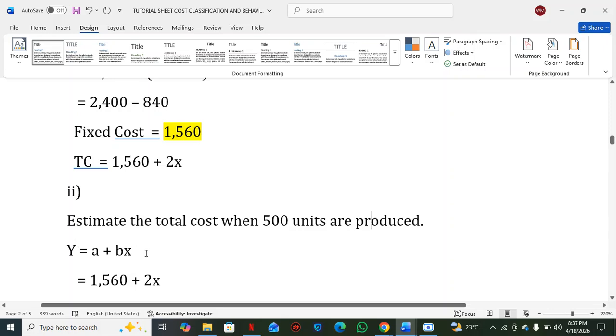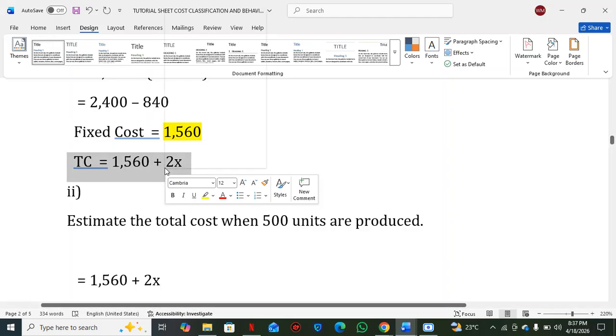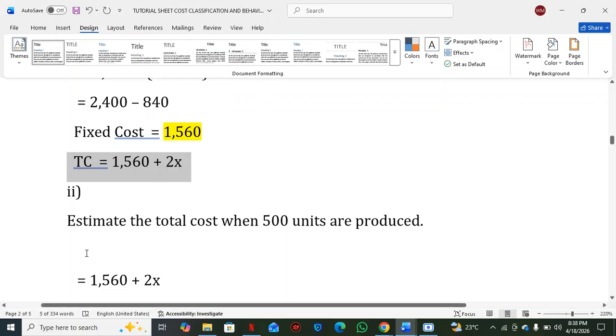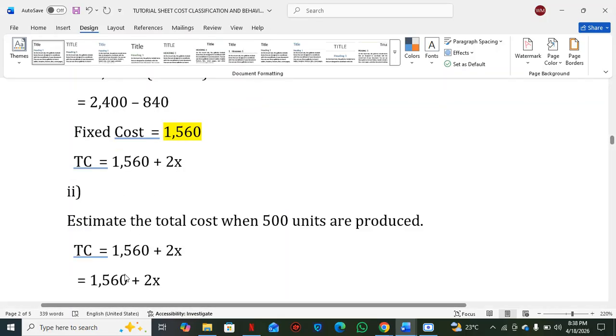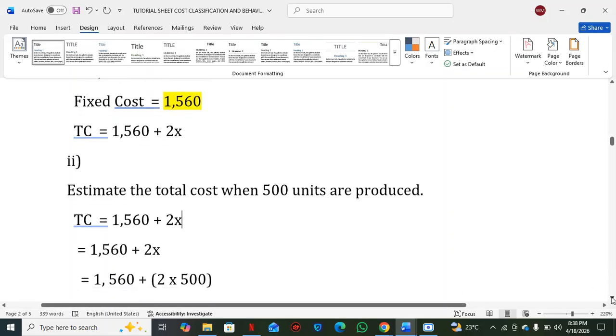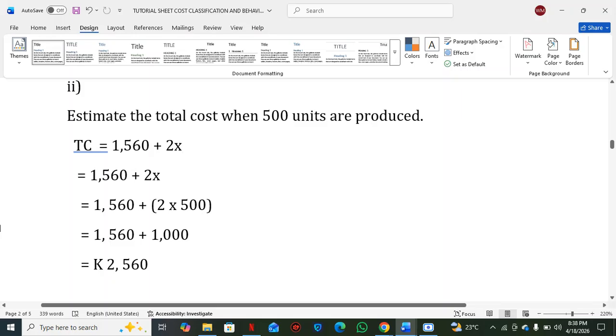This one will come when we're using linear regression. Remember our total cost function is 1,560 plus 2x. Where there's x, you substitute it with 500 units.